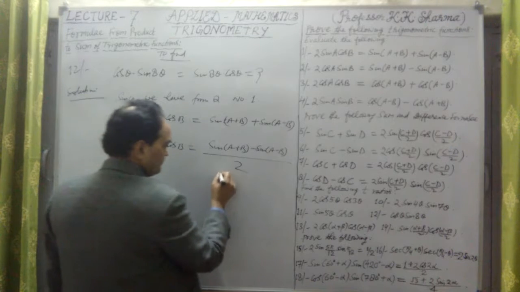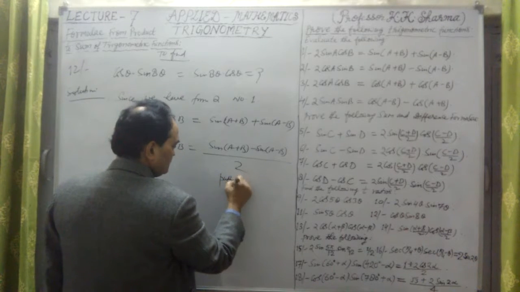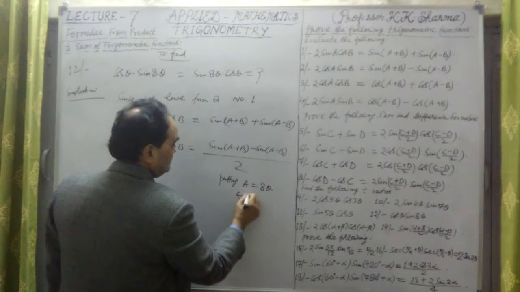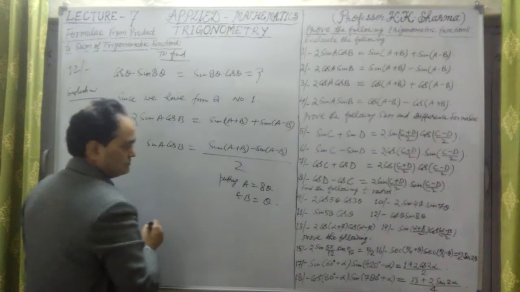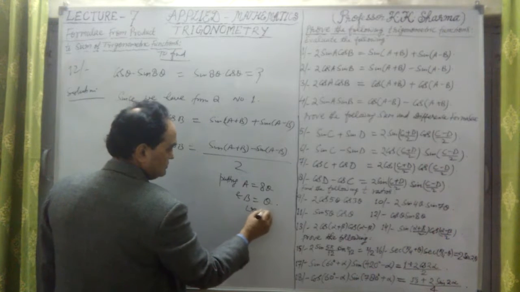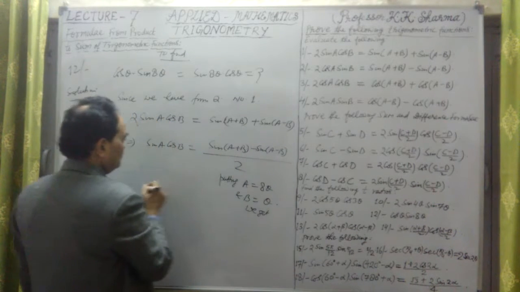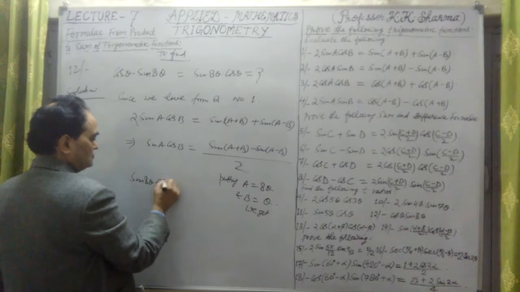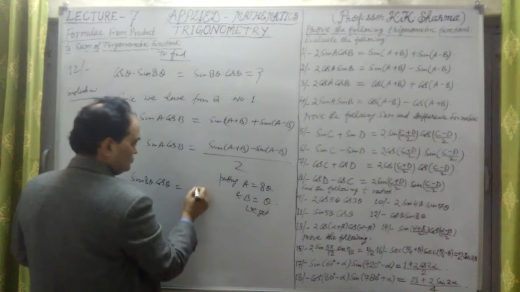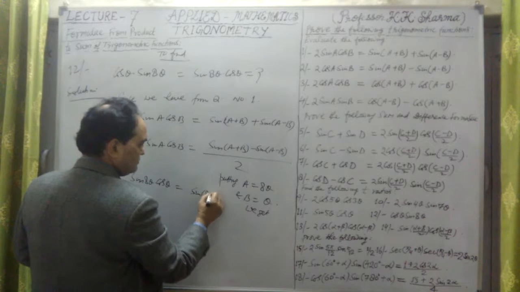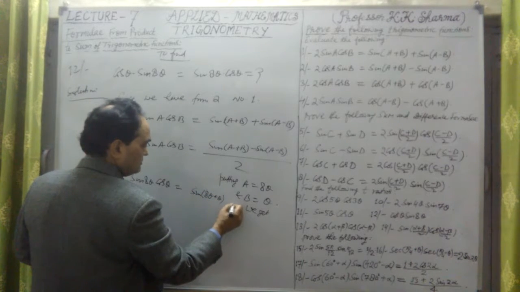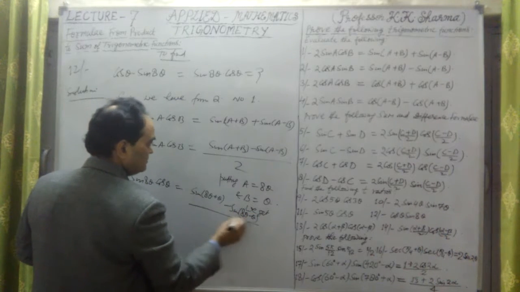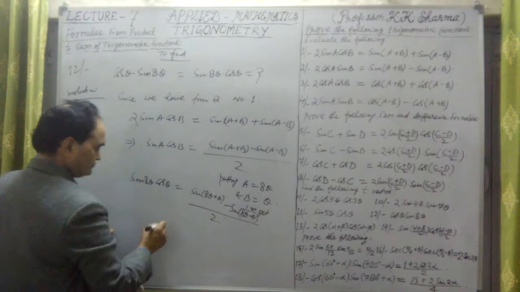Putting A equal to 8 theta and B equal to theta only, what will we get? This is the answer completely. We will get sin 8 theta cos theta is equal to sin(8 theta plus theta) plus sin(8 theta minus theta) divided by 2.